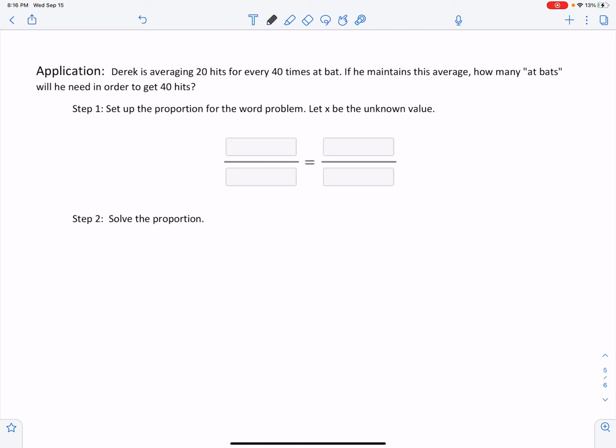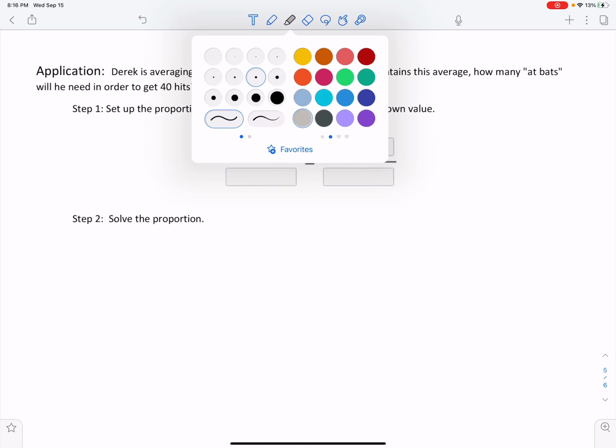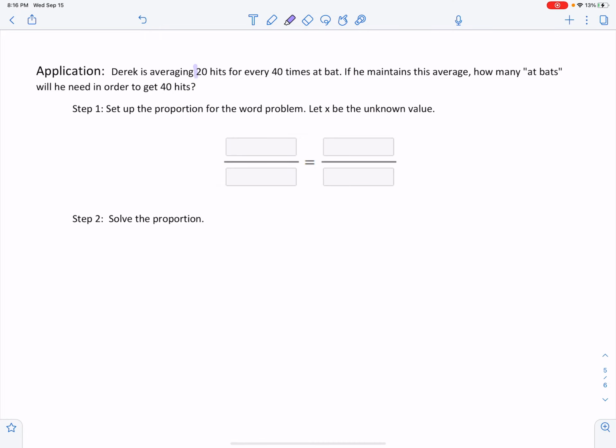So Derek is averaging 20 hits for every 40 times at bat. So here are my 2 scenarios. This time I'll use purple. 20 hits. So I'm going to have Derek's hits on top. And then for every 40 times at bat.